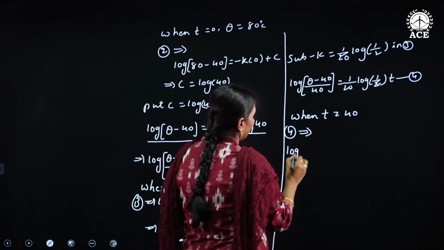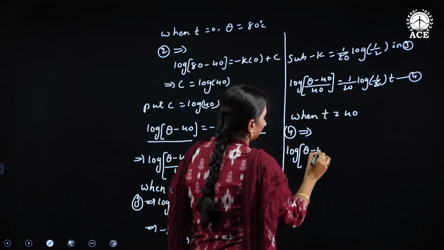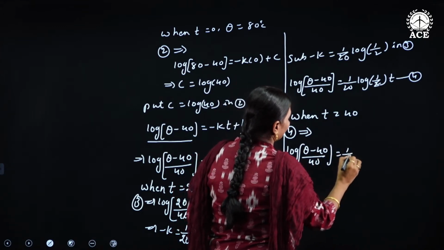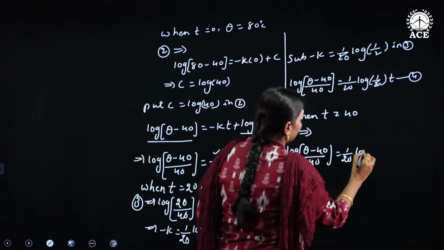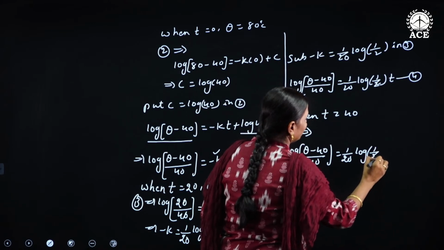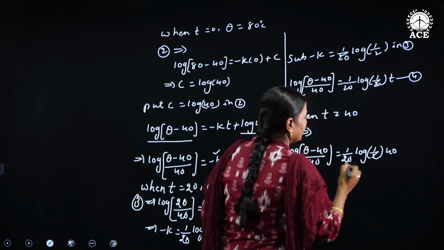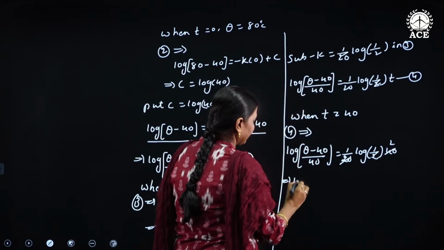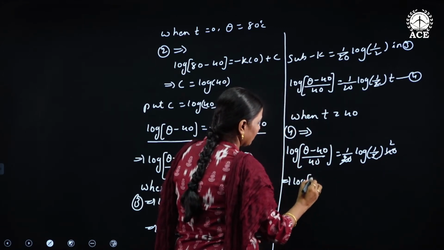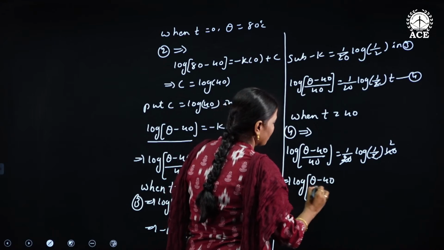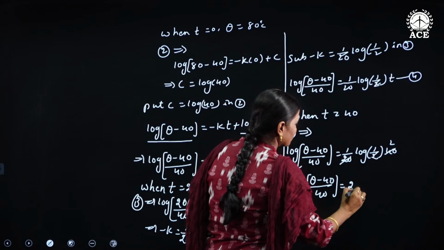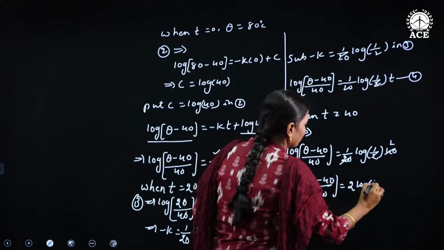So that is log of (theta minus 40) by 40 is equal to 1 by 20 into log of 1 by 2 into 40. Now here 20s are 2s. So that implies, again rewrite this equation, log of (theta minus 40) by 40 is equal to, this can be written as 2 into log of 1 by 2.